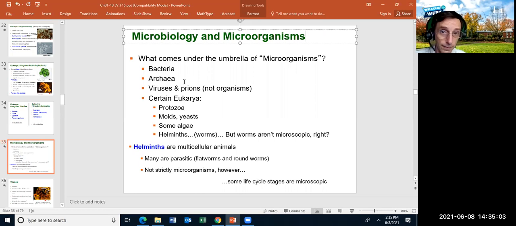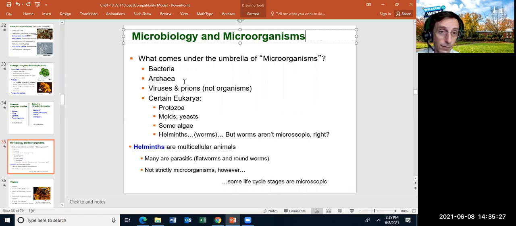So what comes under the umbrella of a microorganism? What is a microorganism or a microbe? The bacteria, archaea, they are obviously microorganisms. But viruses and prions are also microbes.